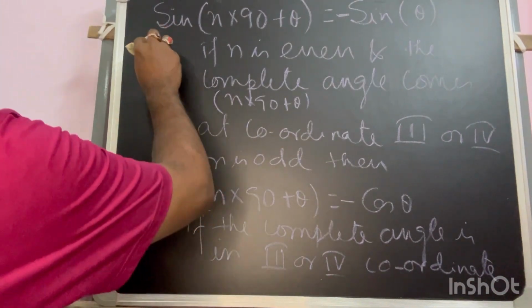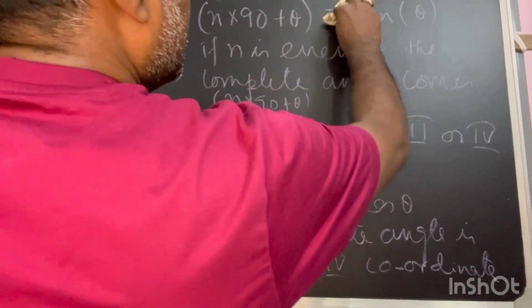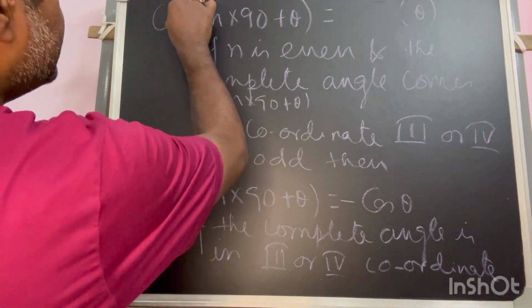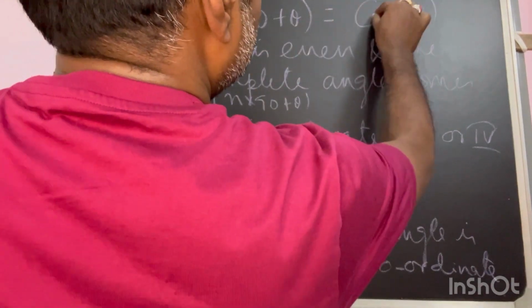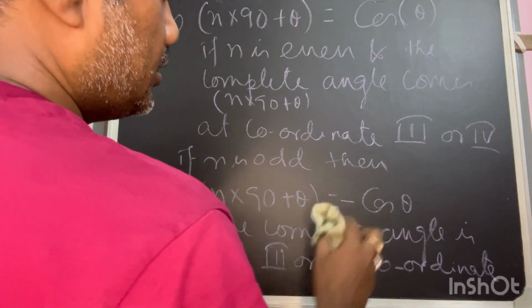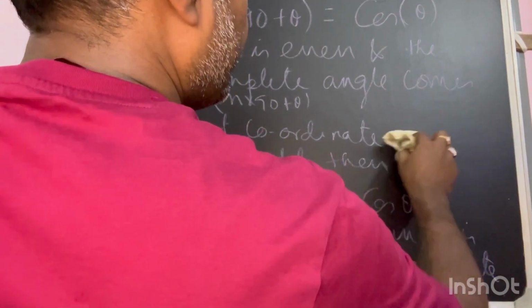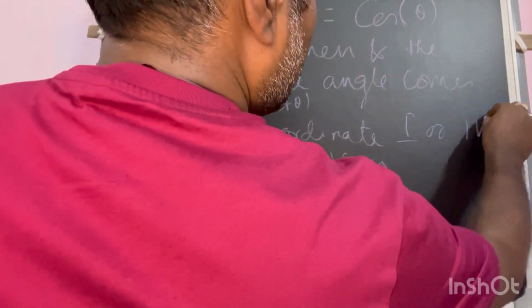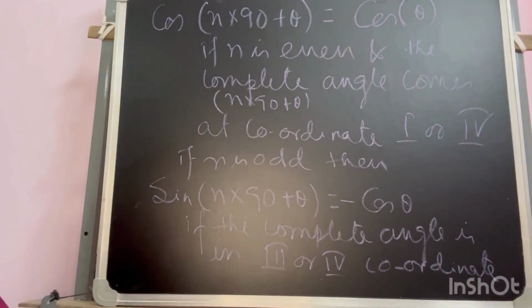Similarly, the only thing I will change, cos of the same will be cos of theta, and the complete angle, if it is in first or fourth coordinate, for cos it will be plus cos.